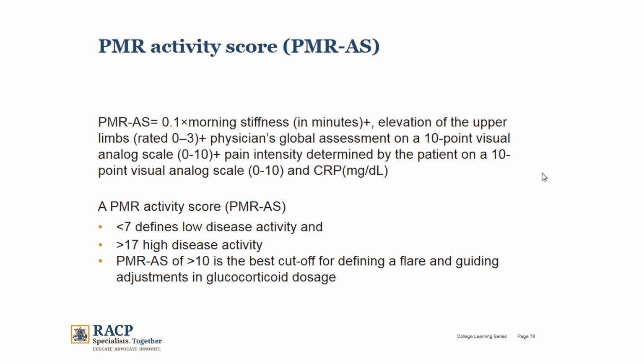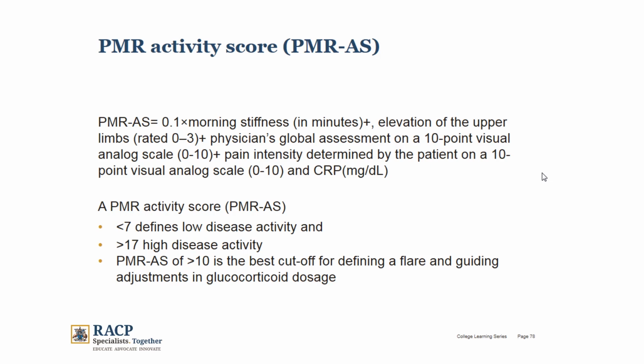The polymyalgia activity score can be derived by this formula, which uses morning stiffness, the ability to elevate the arms above the shoulder, physician global assessment, patient pain visual analog score, and the CRP.